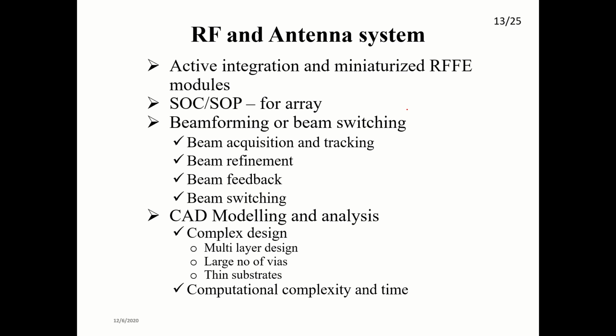So why do we go for that? Generally, how is an array designed? First of all, we decide what sort of gain is required and what sort of beam we are looking for, and based on that, the size of the array will be dictated, and how many elements we are going to use, and all those things will come.